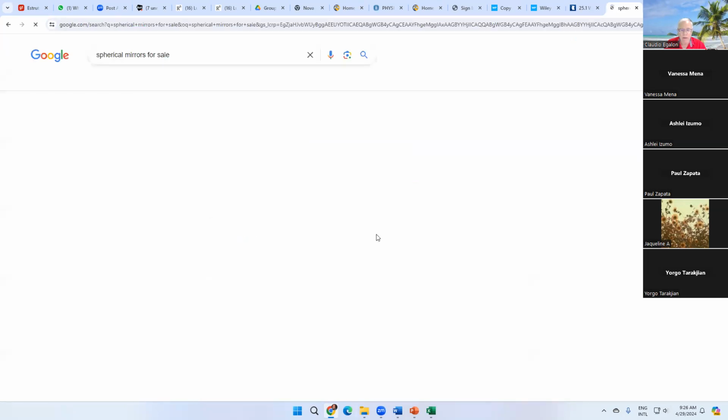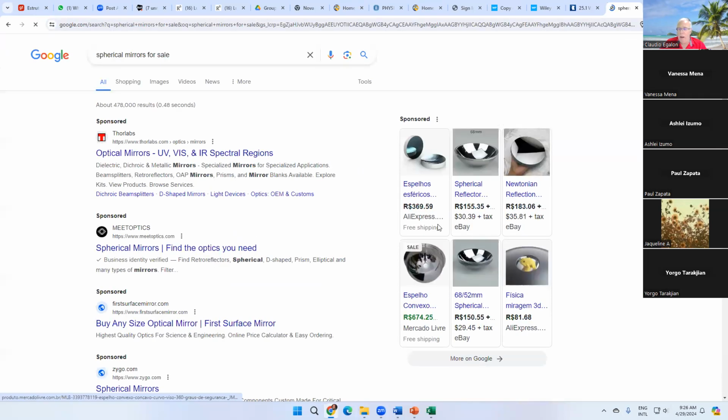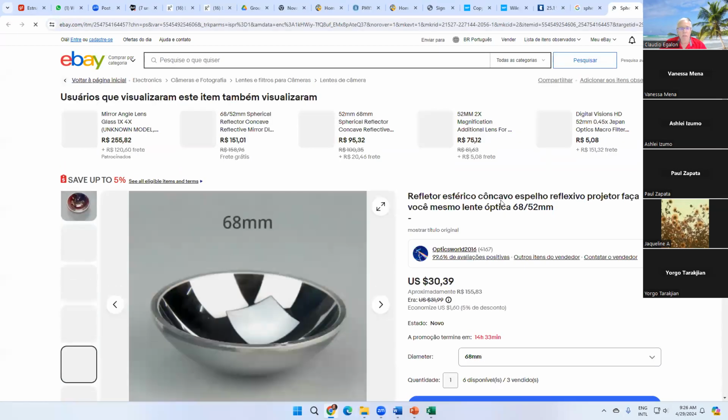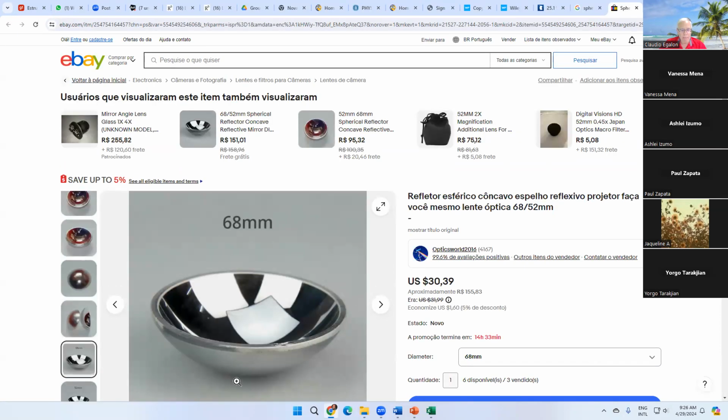Okay, here you go. The spherical reflector mirror, the hubcap that I mentioned to you. The inner surface is made reflecting. This surface is spherical, $30.